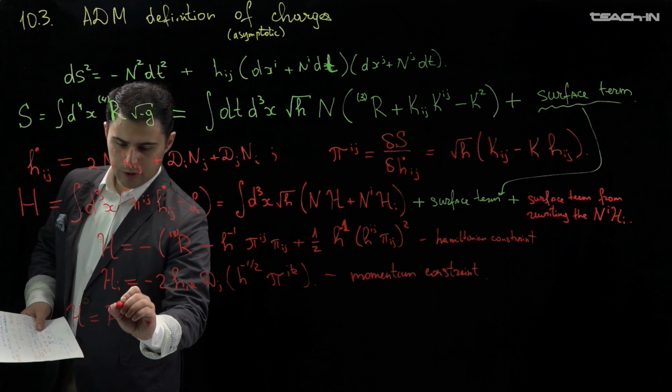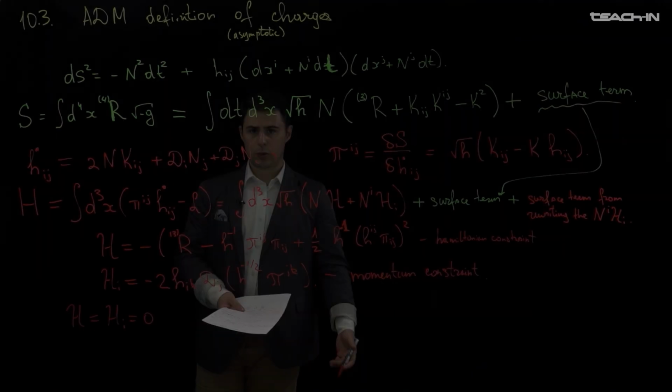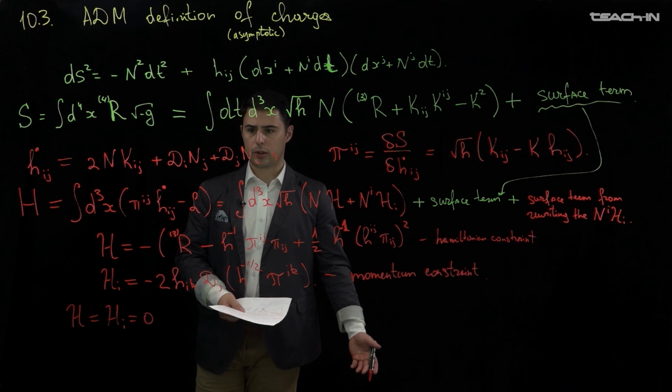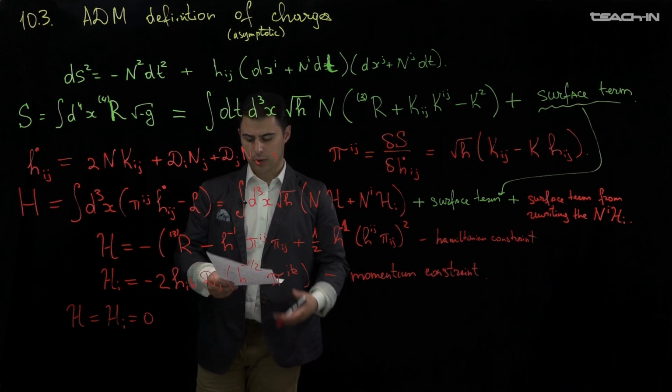We know that H equals H_i equals 0, which we saw to be a constraint on the initial data in one of the previous lectures.